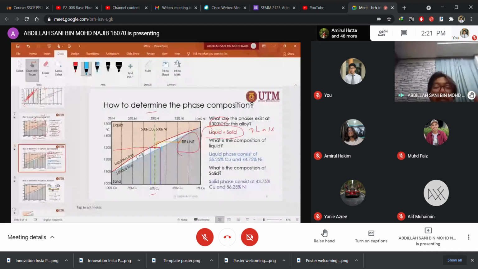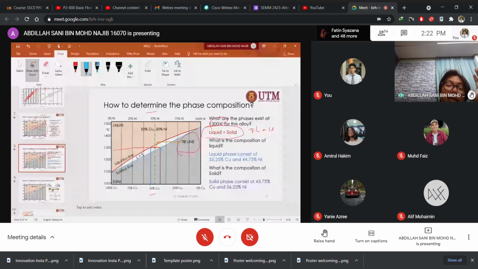Now we know that at 1300 degrees these materials exist in the form of liquid and solid. How is the composition of this solid? That is where we use the tie line. When you draw this tie line and extrapolate it to the x-axis, you will have the exact composition of the liquid.